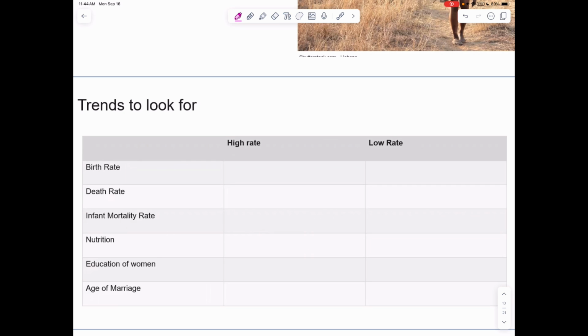All right, so clearly, if our birth rate is high, then we're going to increase our population. If our birth rate is low, population is going to decrease. If our death rate is high, then our population will decrease. If our death rate is low, then our population will increase.